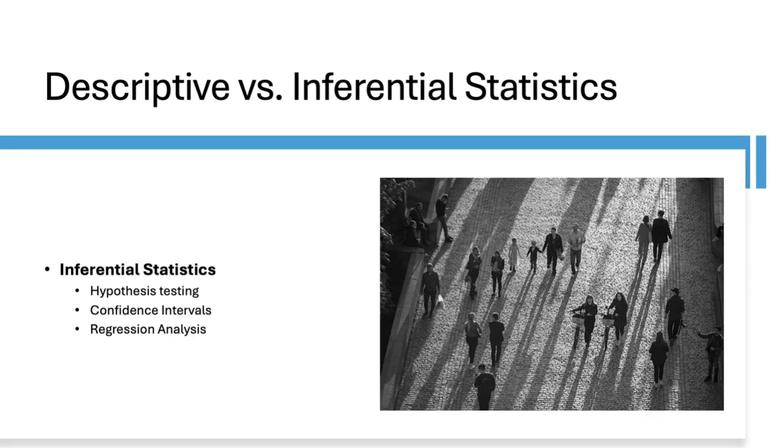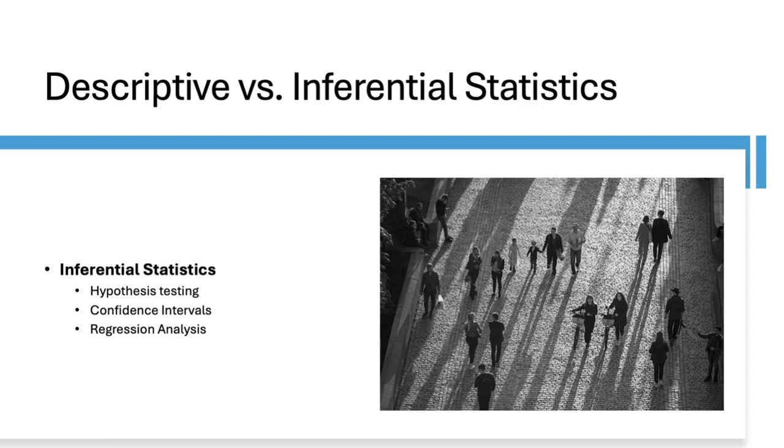Now, inferential statistics help us make conclusions about a population based on a sample. We do this by using hypothesis testing, which would include t-tests, chi-square tests, and ANOVA. Don't worry, you don't have to know this yet. We also use confidence intervals, estimating population parameters, and regression analysis, which predicts relationships between variables.